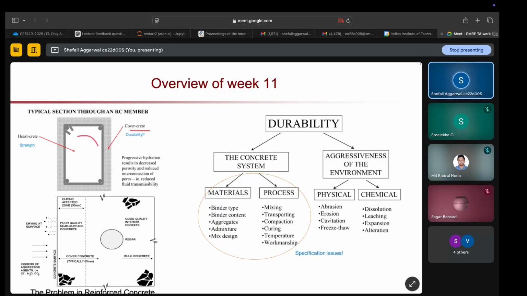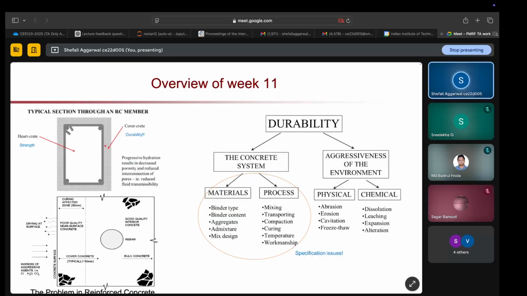Your strength properties will affect your core concrete, and your durability properties will affect your cover concrete, or your cover concrete will affect your durability.